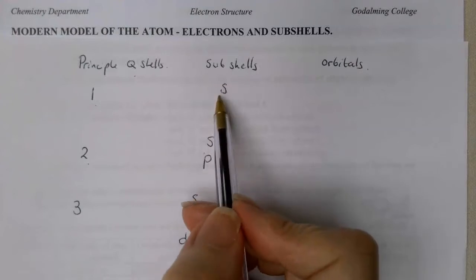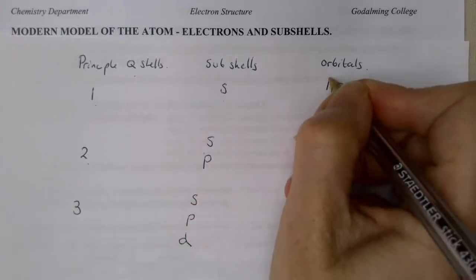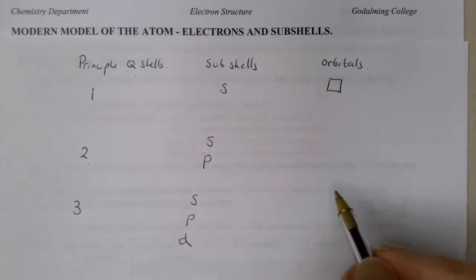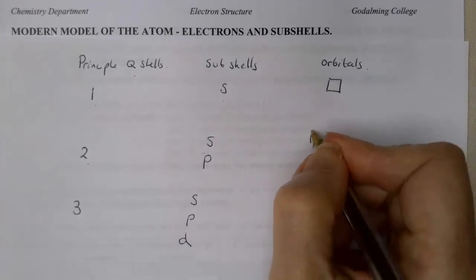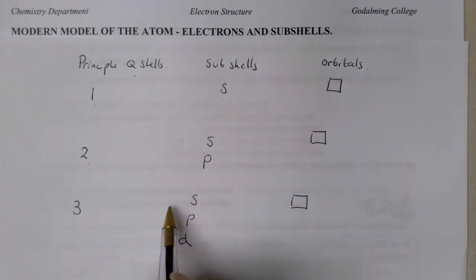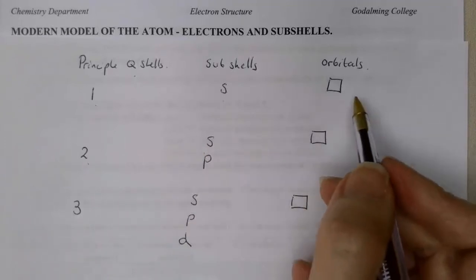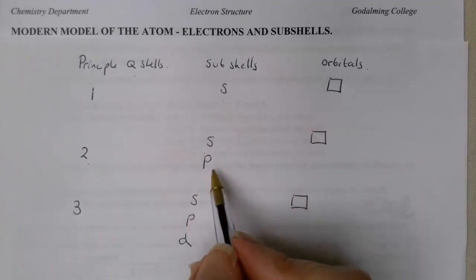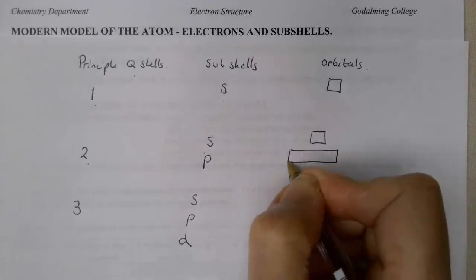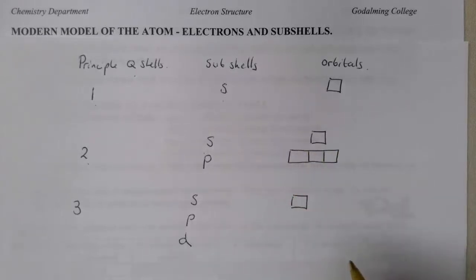Now, the S subshell is broken down into one orbital, and usually we just call it a box. Again, all the S's just have one orbital. Doesn't matter if it's 3s or 2s or 1s. The P subshells are broken down into 3 orbitals. We call them px, py, and pz.